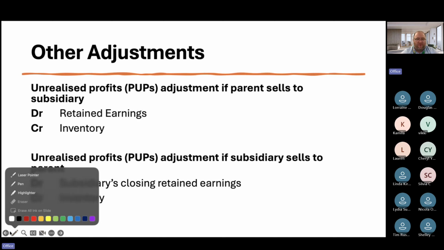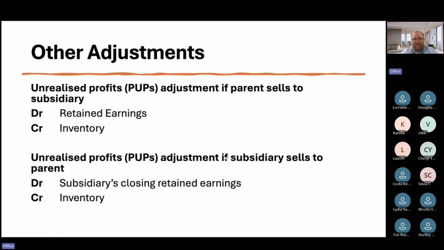So let's say we've got some goods. We've got the subsidiary, we've got the parent. So the subsidiary has sold some goods for £120.